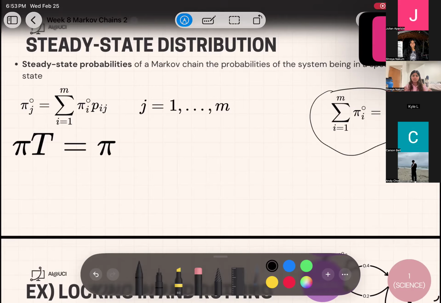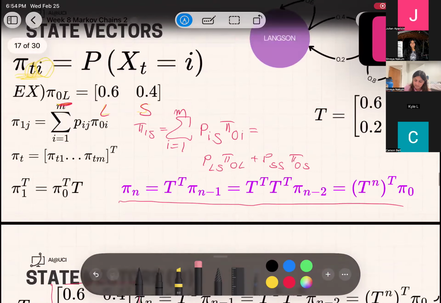All the probabilities going into the state will be 1. So for example, the probability that you go from 0 to 0 is 3/5. The probability that you go to 0 from science to Langston is going to be 1/5. Just like we saw before, remember we talked about the summation.